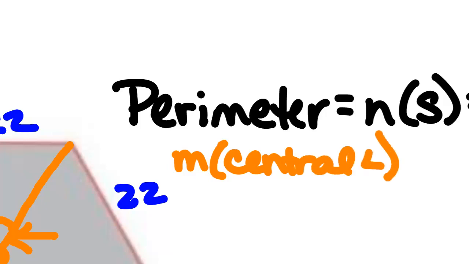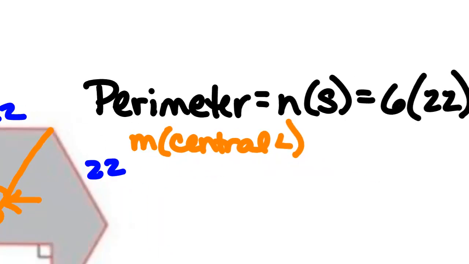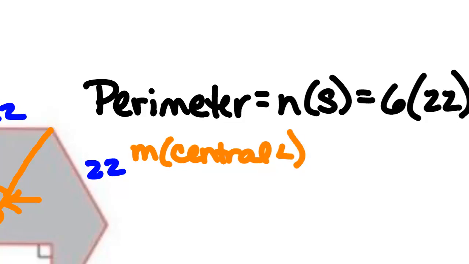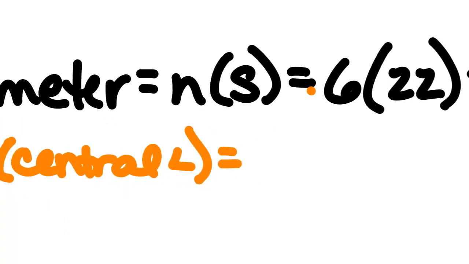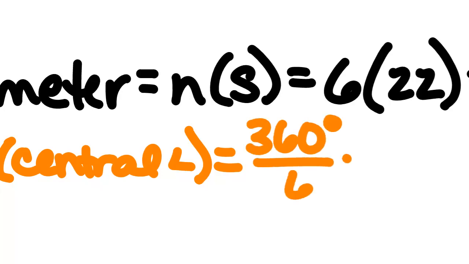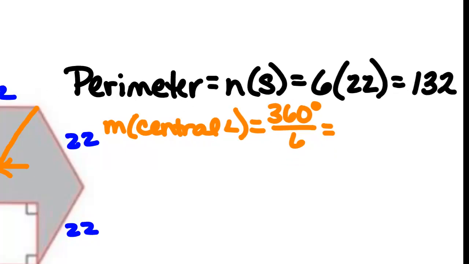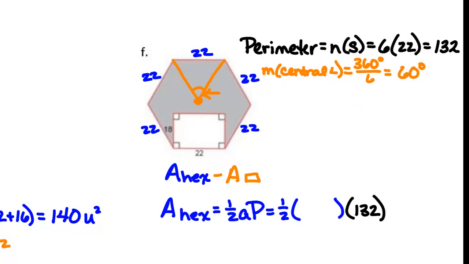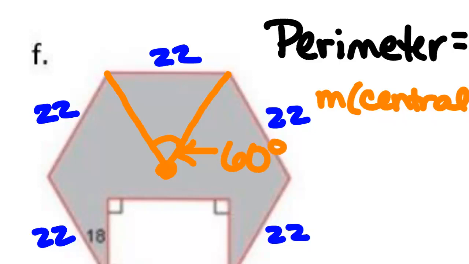How do we find the measurement of the central angle for a regular polygon? Yes, 360 divided by however many sides we have. What is 360 divided by 6? 60. So this central angle has a measurement of 60 degrees.